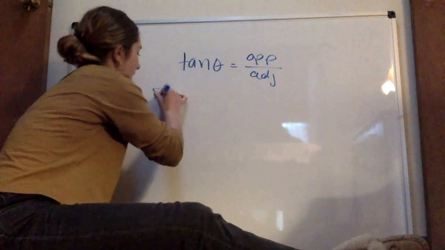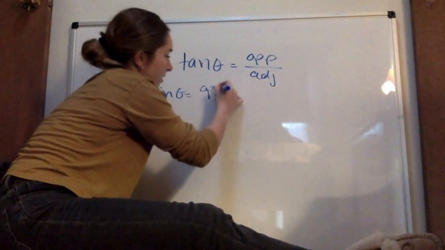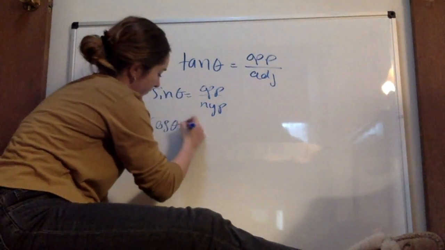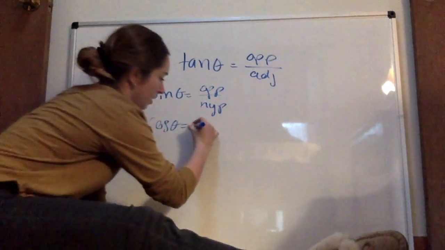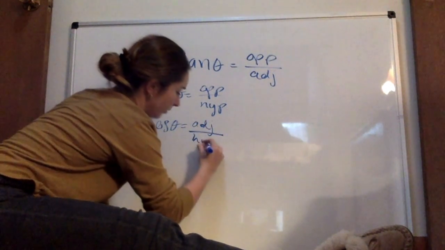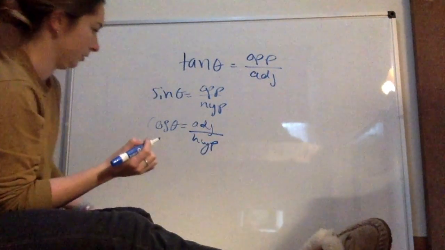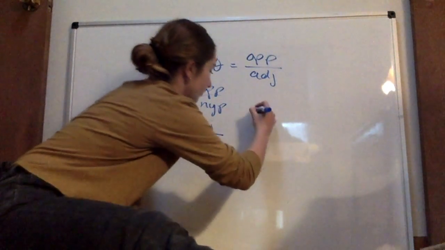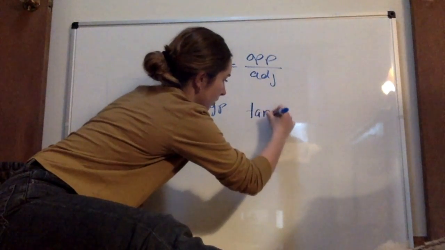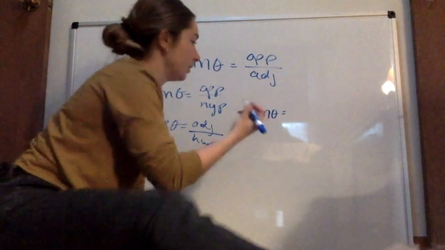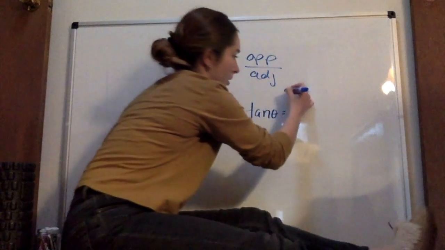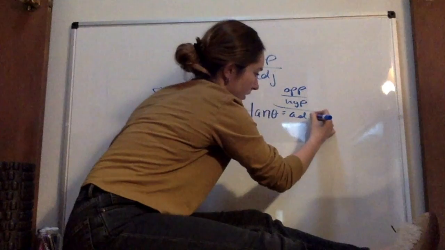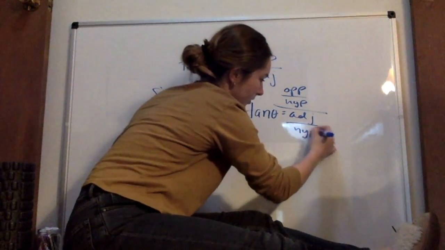If sine of theta is equal to opposite over hypotenuse, and cosine of theta is equal to adjacent over hypotenuse, then we can say that tangent is going to be opposite over hypotenuse all over adjacent over hypotenuse.